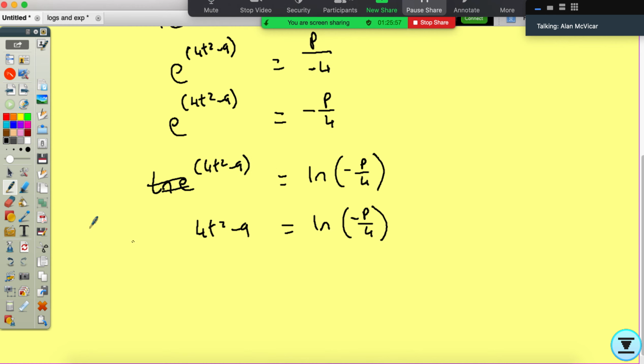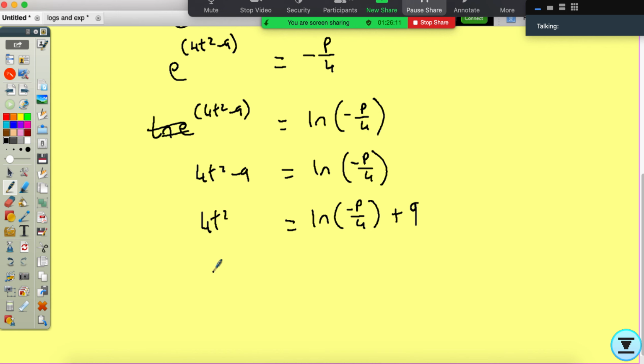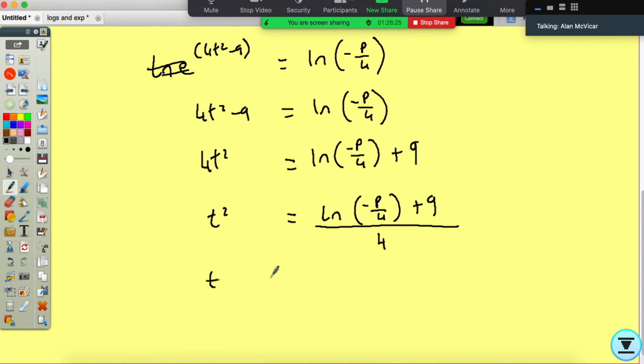Anyway, obviously not. So, you move the 9 across, and it's a takeaway 9, so it becomes add 9 on the other side. Then we're dividing by 4 because that's multiplying the t. And lastly, hopefully, you should be getting a square root like that.